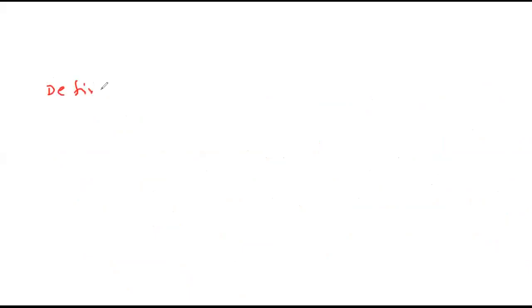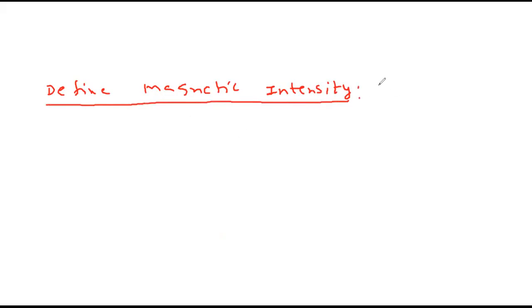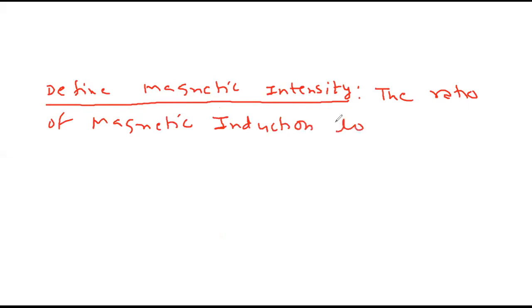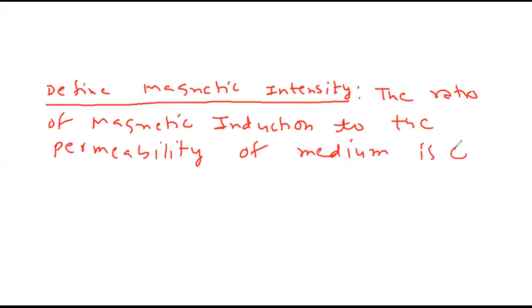Define magnetic intensity. The ratio of magnetic induction to the permeability of medium is called as magnetic intensity.